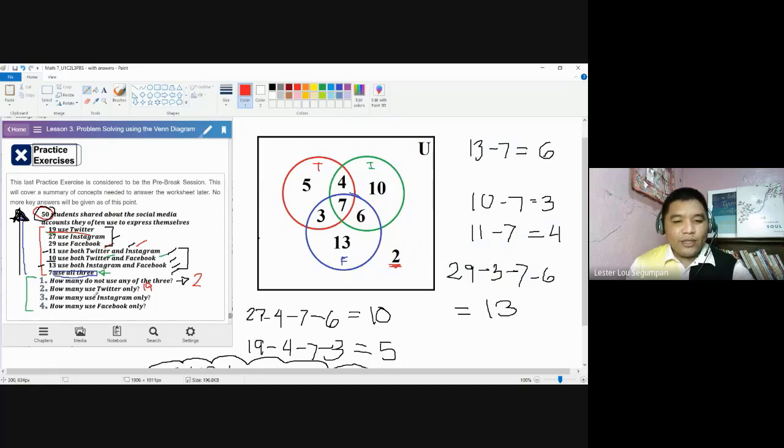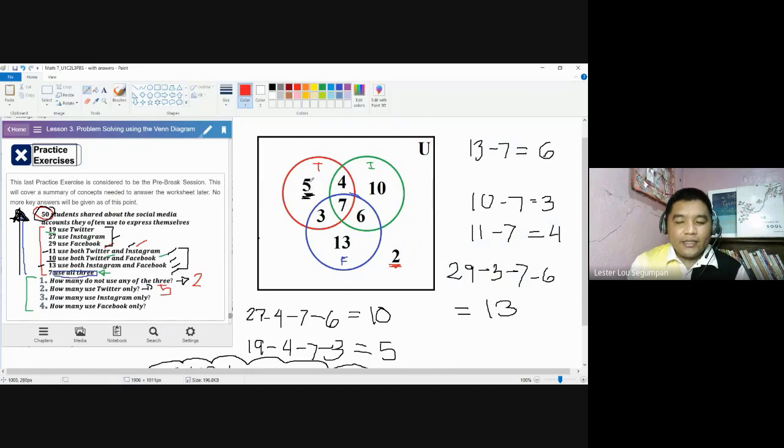Since we're talking about Twitter, let's look at the Twitter circular figure, and the region which is not part of the other circular figures, this area here. This is our answer. These are the number of students who use Twitter only. So the answer for number 2, rather, is 5.